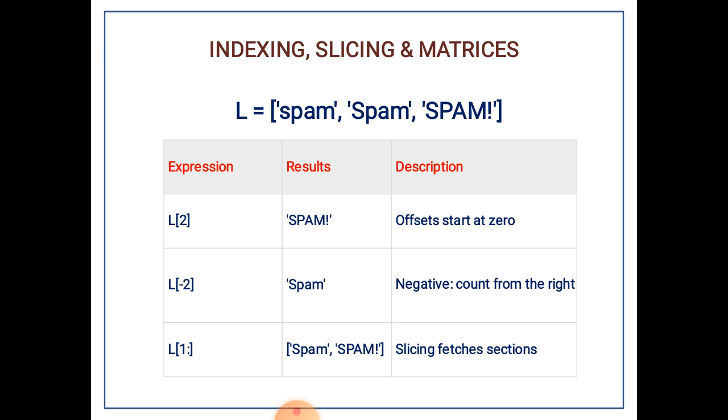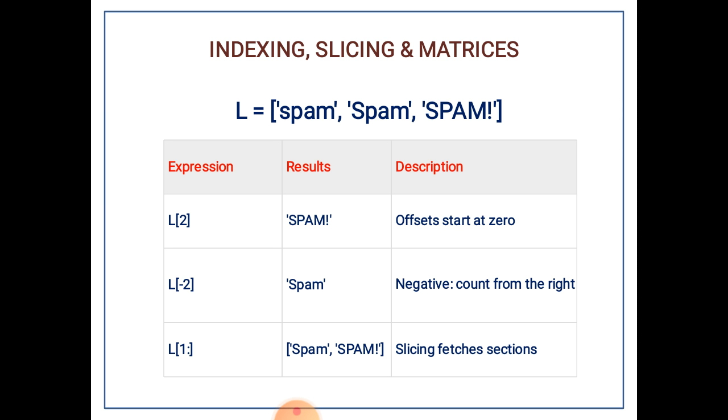Now you see the third example, L of 1 colon, it is giving the starting range, but there is no ending range. So L of 0 is small lettered spam, L of 1 is the spam that has been started with capital letter, and L of 2 is capital lettered spam.